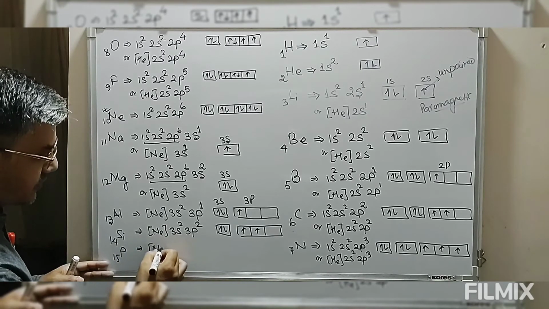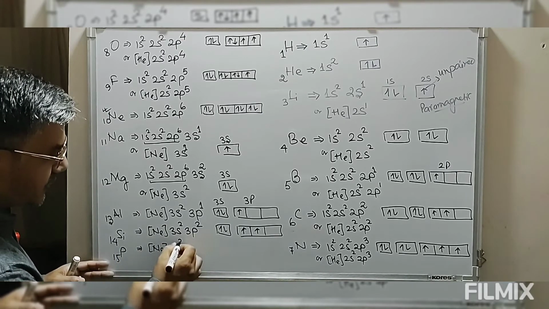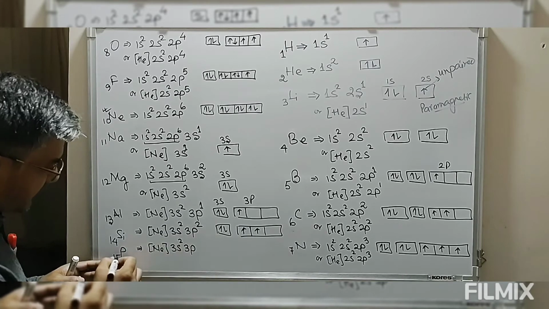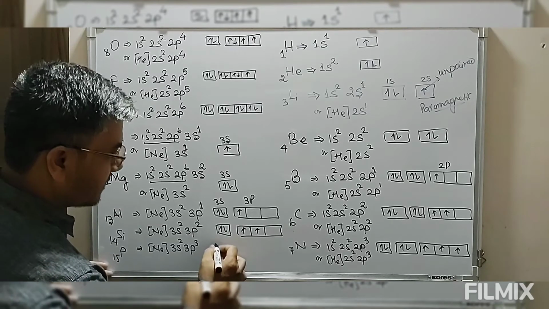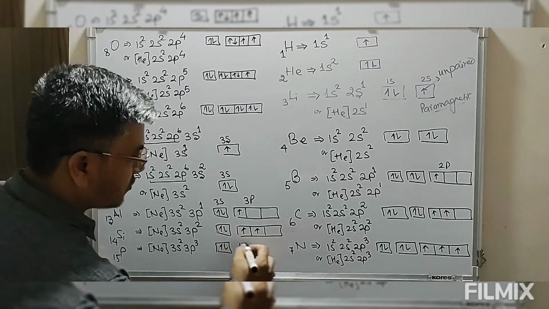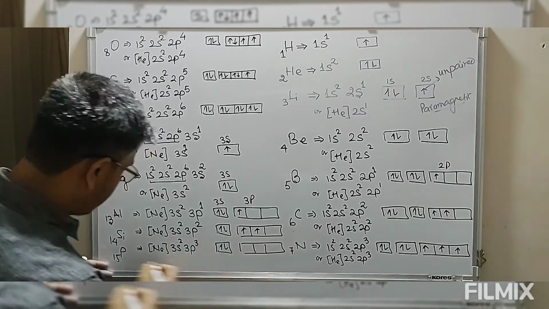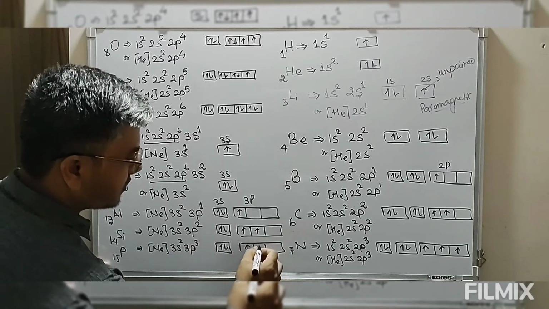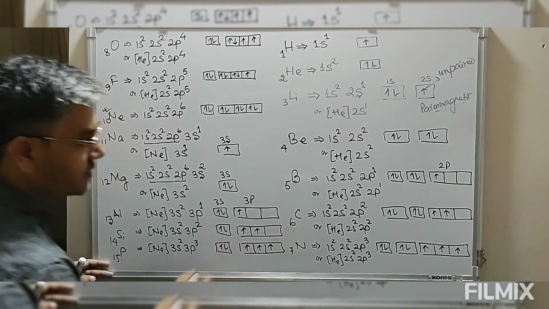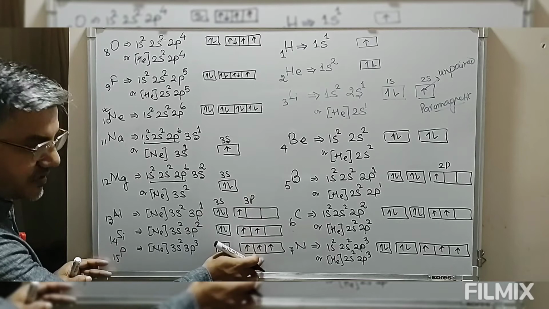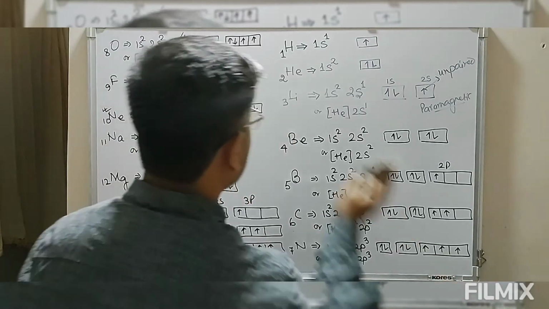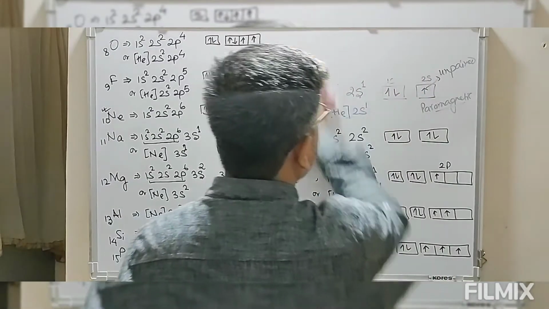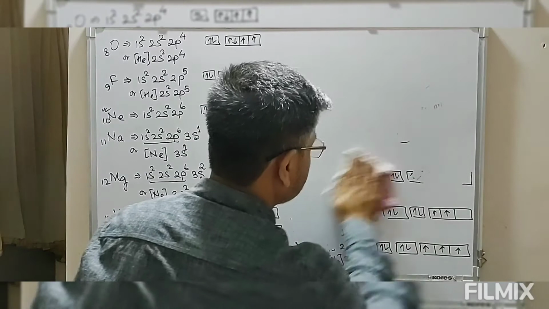We have the configuration of neon, 3s2, 3p. The 15th electron should also be placed in p. So again in phosphorus the 3p orbitals are singly occupied. Similarly we can write the electronic configuration. I am just showing you how to write electronic configurations.